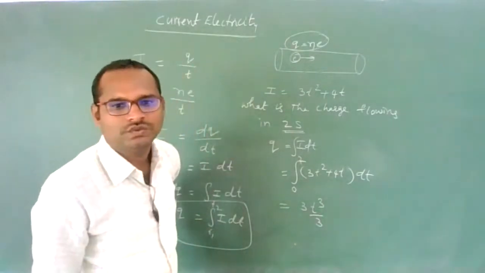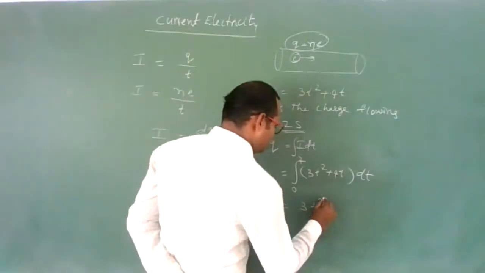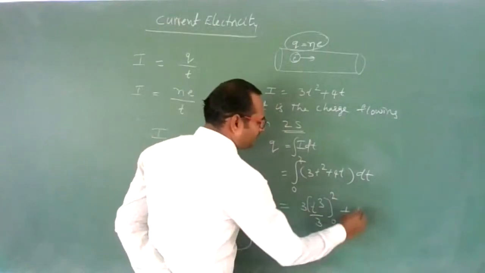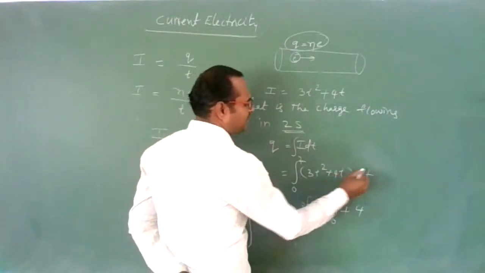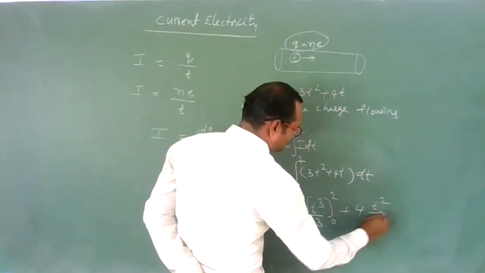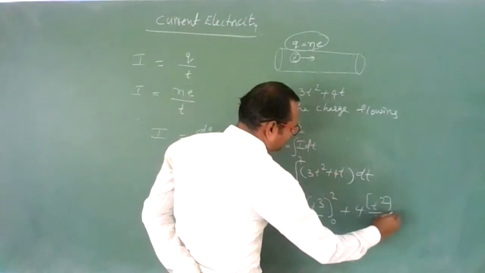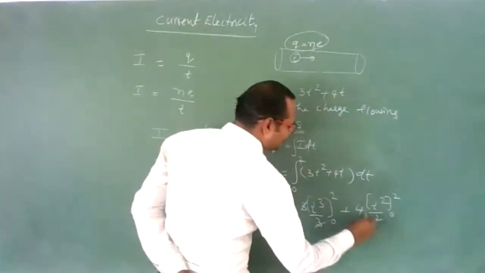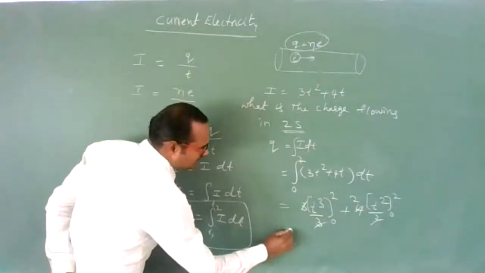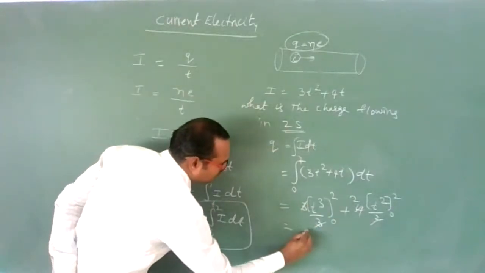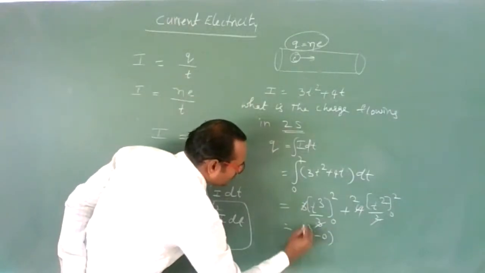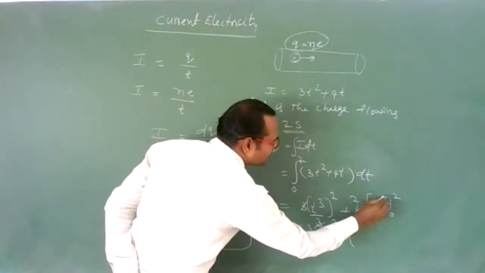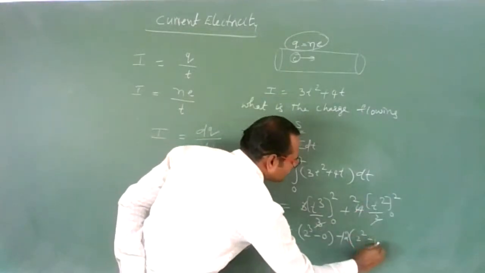It is integration, no? So t limits are from 0 to 2, plus 4 times integration of t dt, which gives t square by 2, with t limits from 0 to 2. The 3 cancels, and 2 ones are 2, 2 twos are 4. In the place of t substitute 2, you get 2 cube minus 0, plus, in the place of t substitute 2, you get 2 square minus 0.